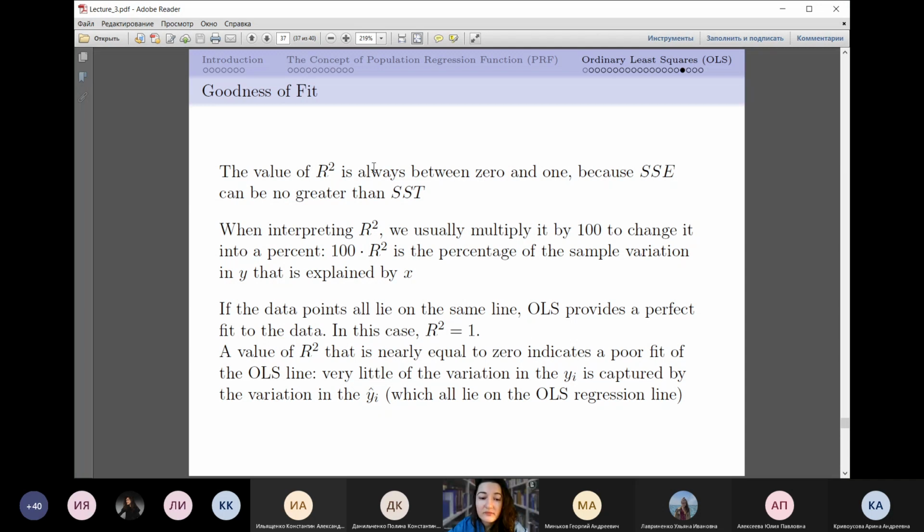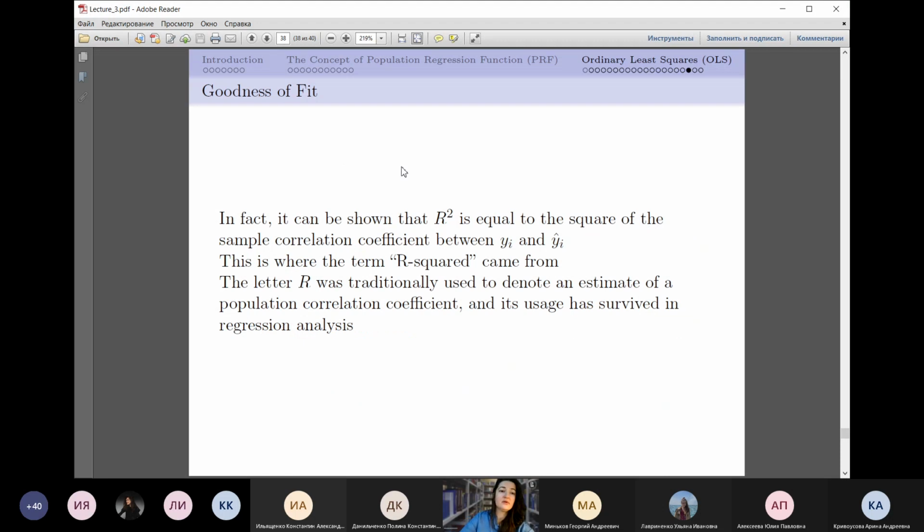And the main idea of this R squared is that of course you can use this indicator as some measure of goodness of fit. But in social sciences, in economics, in business and management, it's normal to obtain a rather low R squared in your regression equations.